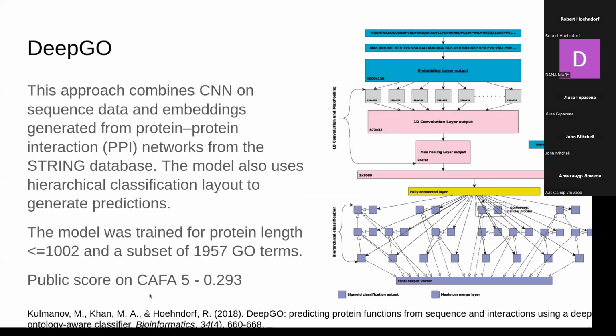Let's go to the methods used in CAFA 3. First of all, I'd like to tell about methods developed by Hoehndorf lab, and these are DeepGo and DeepGo Plus. These approaches use convolutional neural networks on sequence data and combine these with some external data.